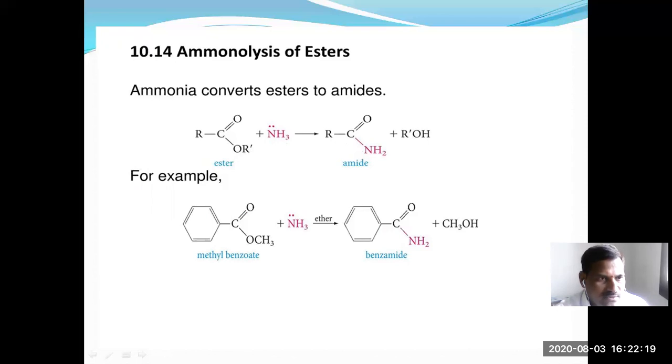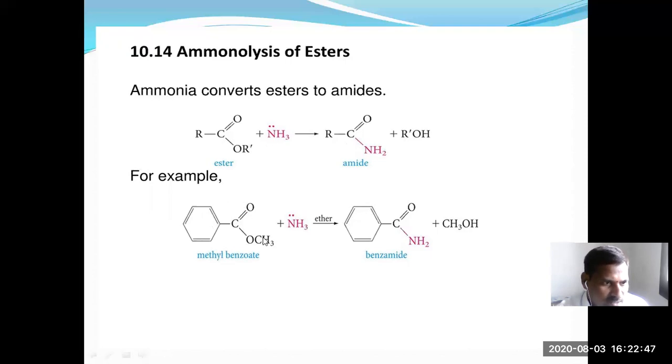The next example is ethyl acetate. Here the OR group is an ethyl group and this R group is a methyl group. It reacts with ammonia, and acetamide and ethyl alcohol are formed. For another example, you can take methyl benzoate.